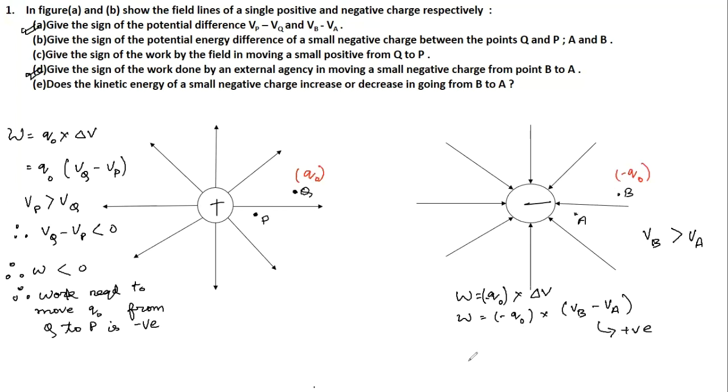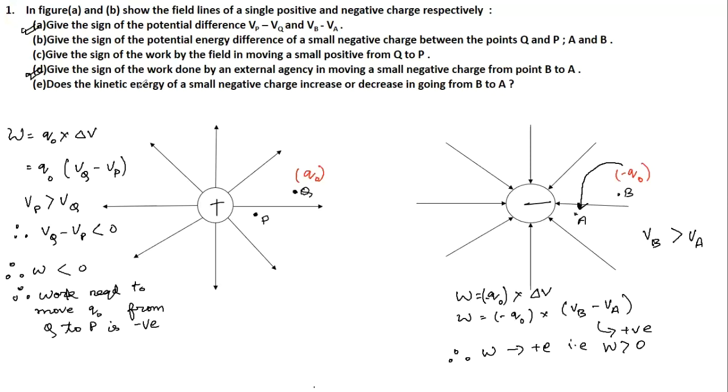The difference is positive, so your work done is also positive, that is, work done is greater than 0. So the work in bringing this minus Q naught charge from B to A is positive. So this goes our point D.